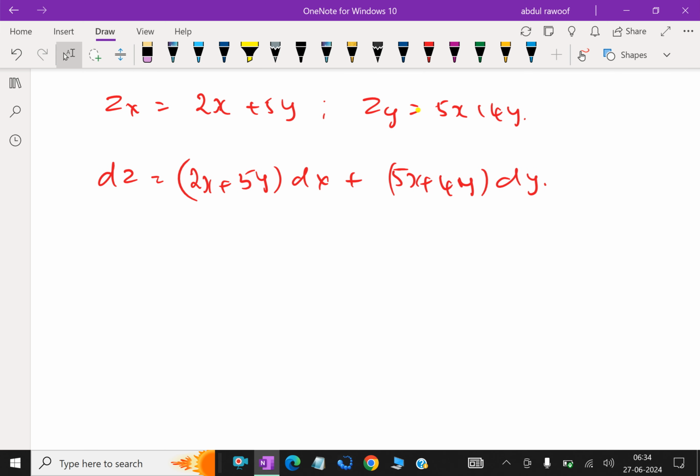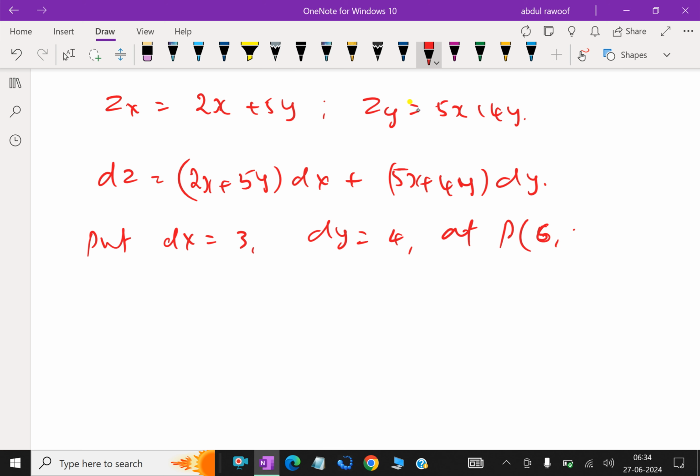Now suppose dx equals 3 and dy equals 4. Find dz at the point P of (6, 2).